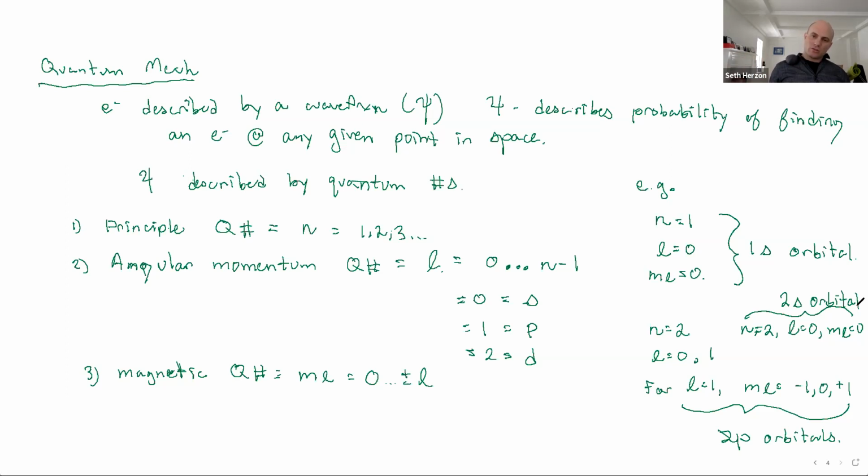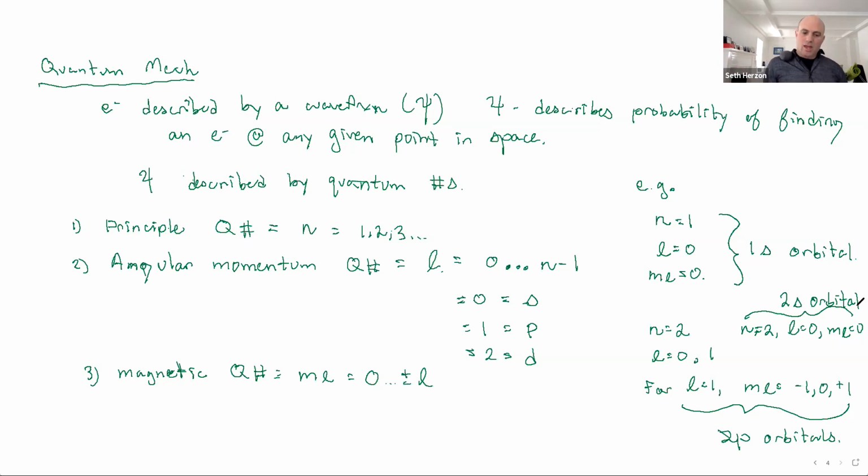Let me do a recap. You have this wave function, which has different terms: N, L, M sub L. L and M sub L are dependent upon N itself, and N can take integral values 1, 2, 3, 4, 5, etc. That principal quantum number defines what orbitals are described by this wave function.